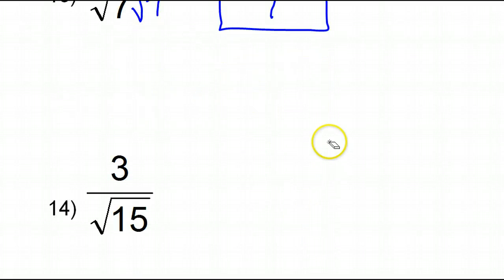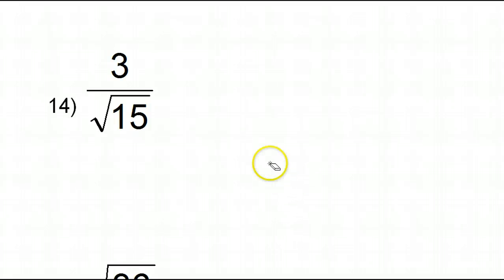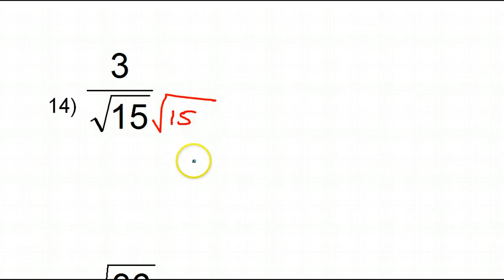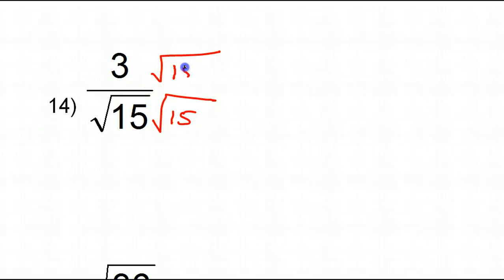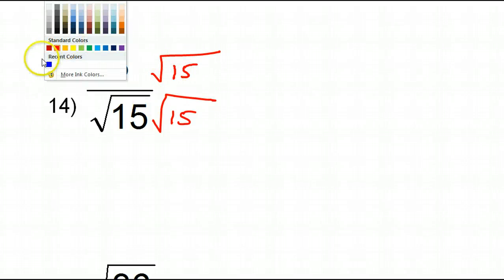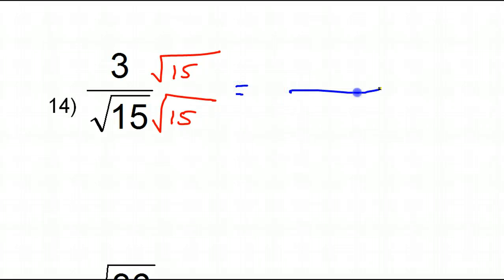Alright, number 14. Same thing. We can multiply this radical by itself, and that is going to make the square root go away. So if I do that, let's make sure we do the numerator too. Radical 15 times radical 15 is 15.